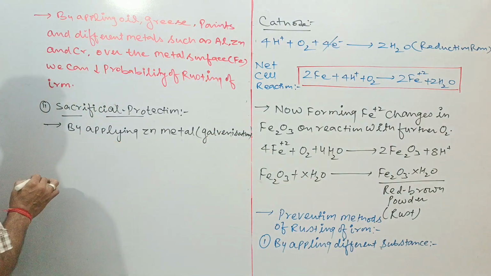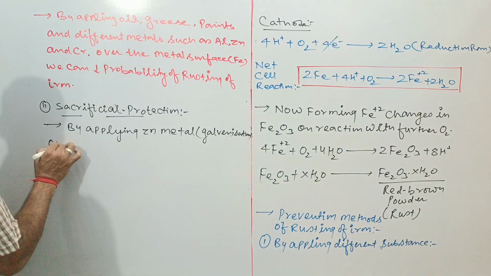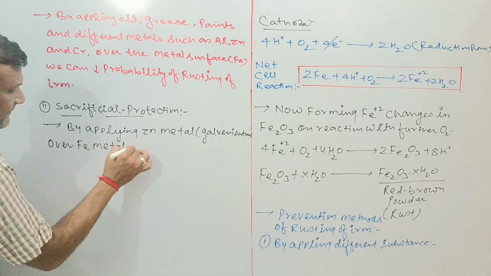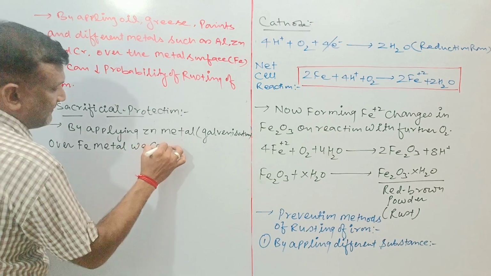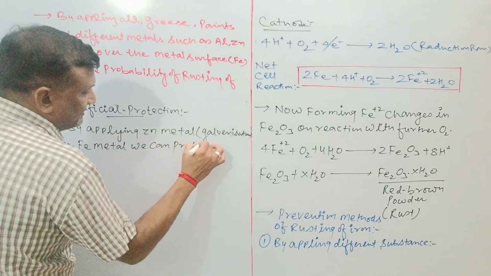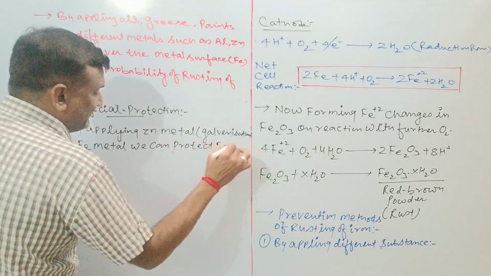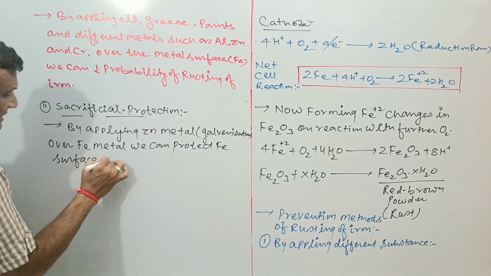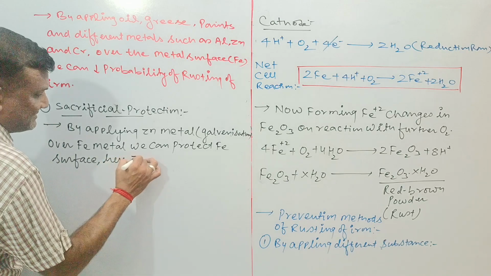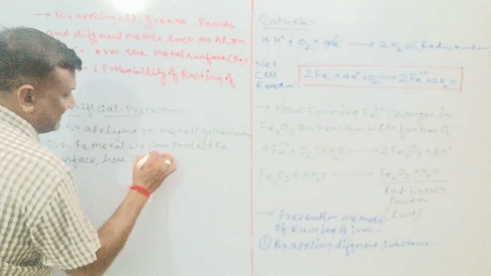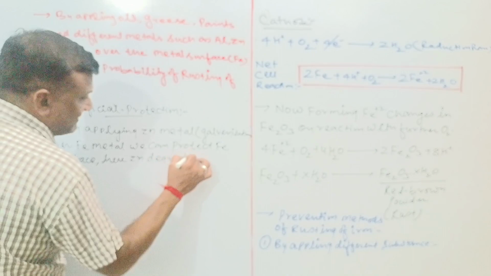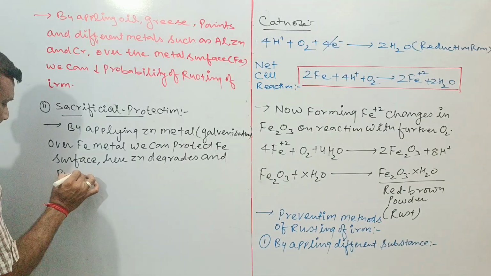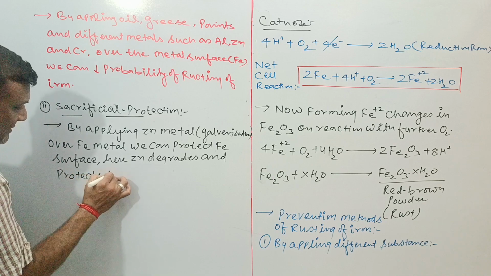By applying the Zn metal over iron metal, we can protect the Fe surface. Here Zn degrades and protects the metal surface.